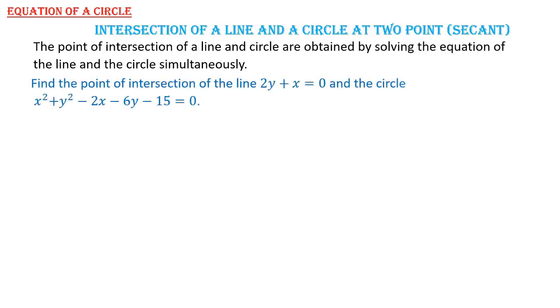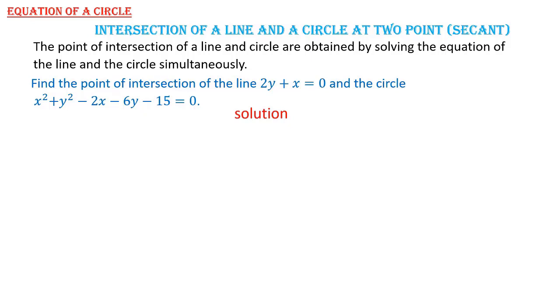So, find the point of intersection of the line 2y plus x equals 0 and the circle x squared plus y squared minus 2x minus 6y minus 15. How will we solve this? Solution.